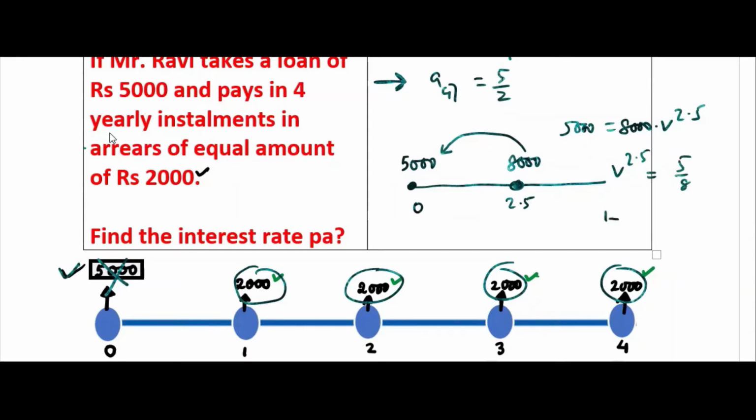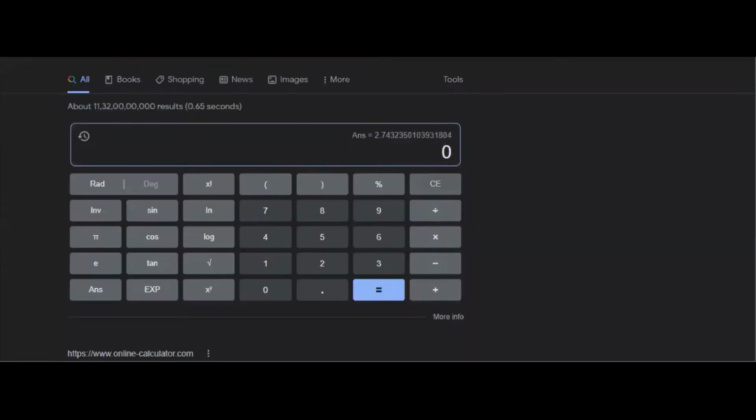So 1 plus I power 2.5 will be equal to 8 by 5. This 2.5 you take here as 1 by 2.5. So let me find this: 8 divided by 5, power 1 divided by 2.5.